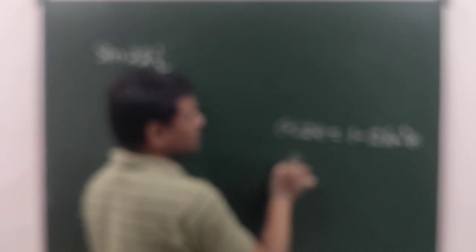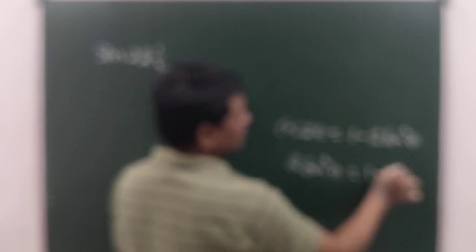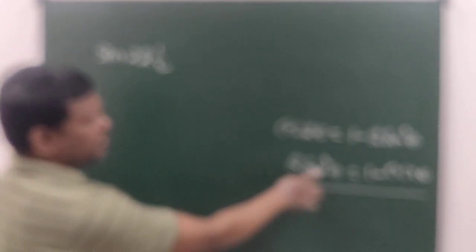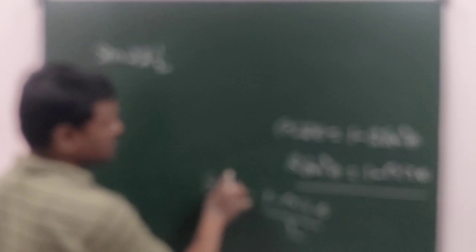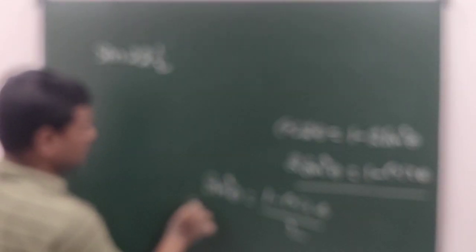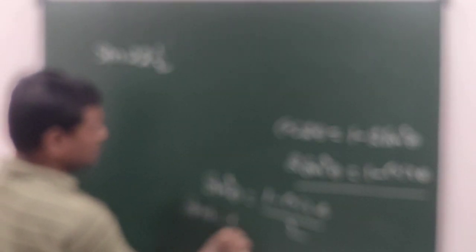When you bring this to the left side, 2 sine square theta is equal to 1 minus cos 2 theta. If you want sin square theta, transfer 2 to the right side. So sin square theta is equal to (1 minus cos 2 theta) by 2. Send the square to the right side. So what do you get? Sin theta is equal to plus or minus root of (1 minus cos 2 theta) by 2.